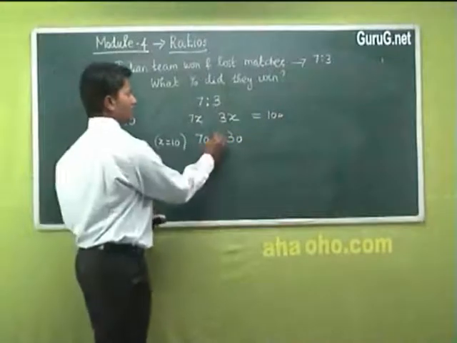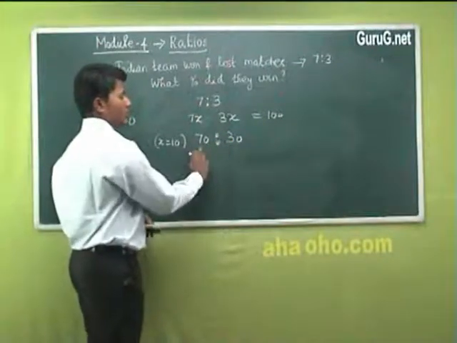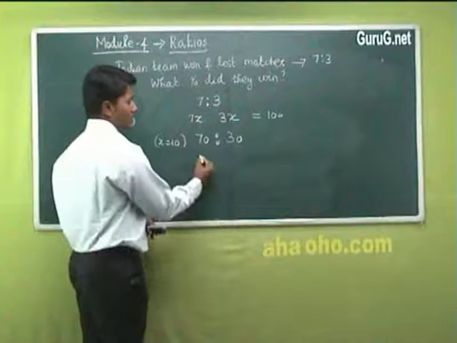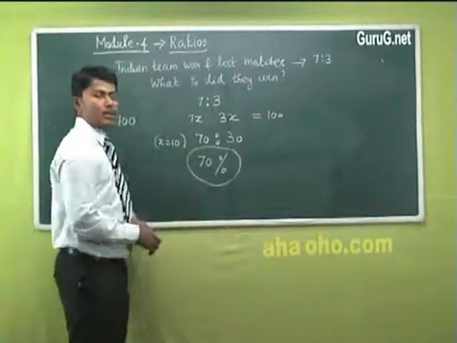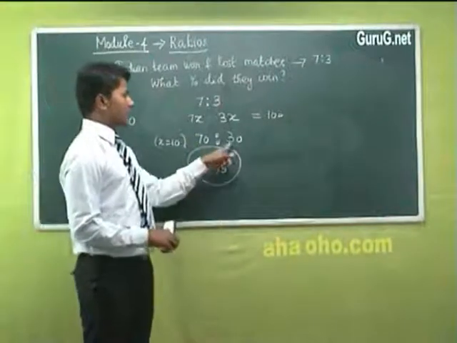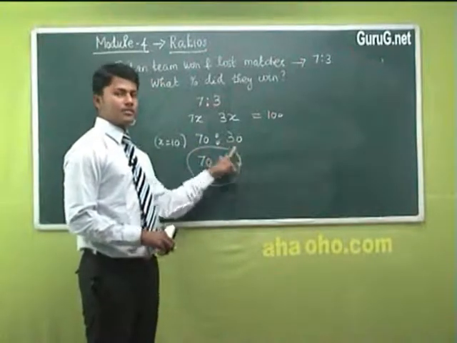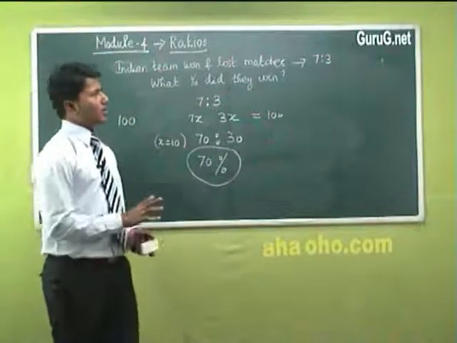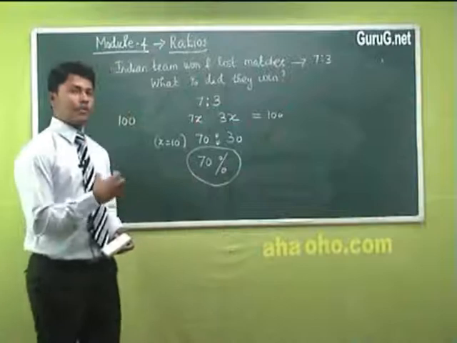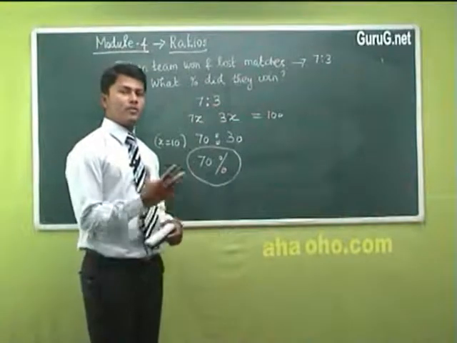So 70:30. So this is a direct representation of the percentages. The percentage of matches that they have won is 70%, and the percentage of the matches that they have lost is 30%. Fine. So this is a good example for representing ratios in terms of percentages.